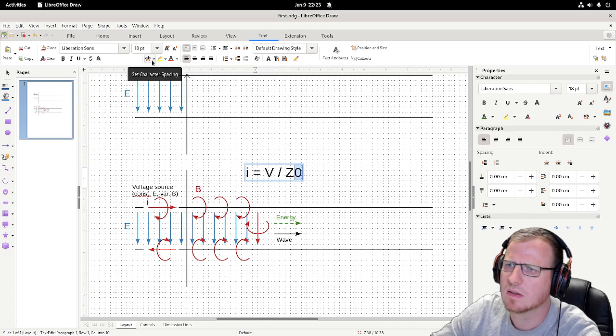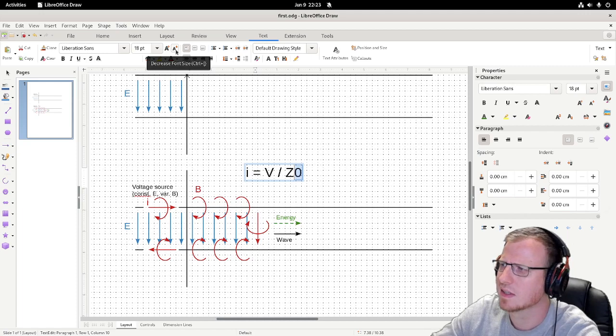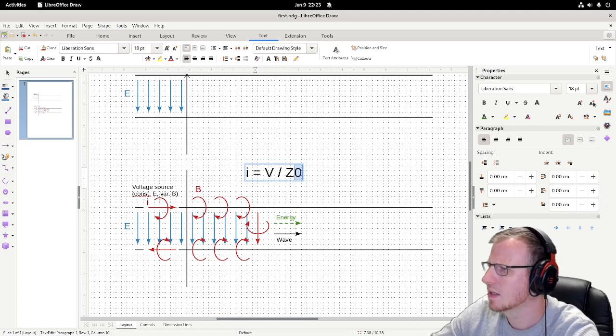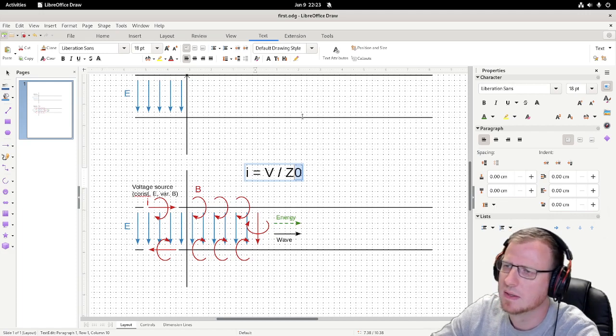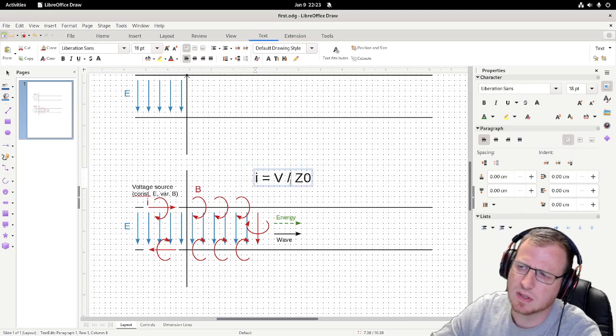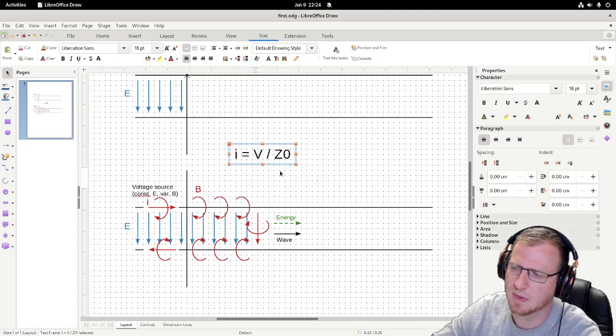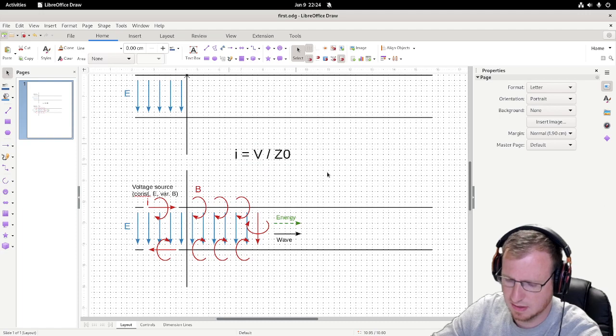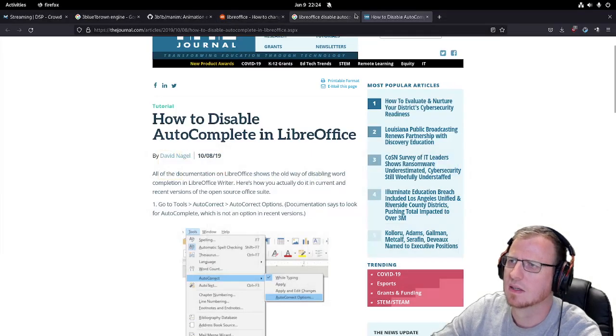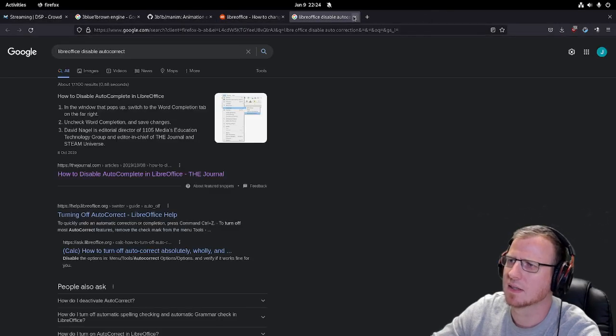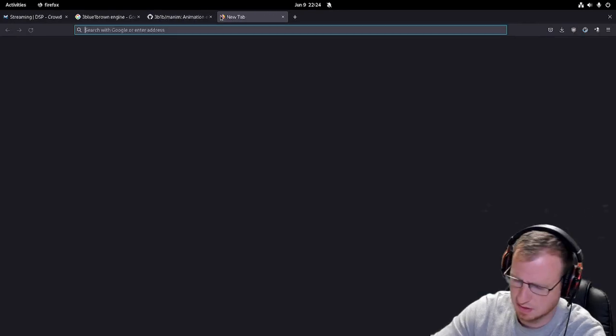At some place I can decrease the font size. Whatever. Okay. Z0. What is Z0? Z0 is the characteristic impedance.